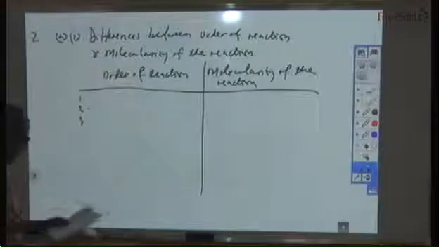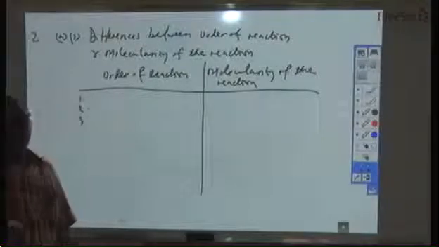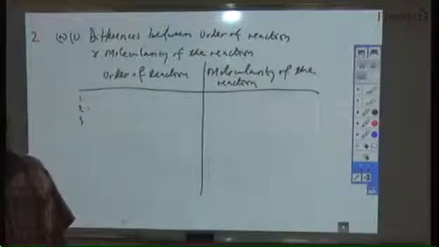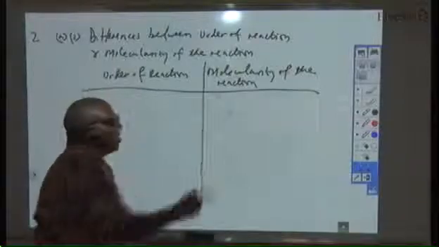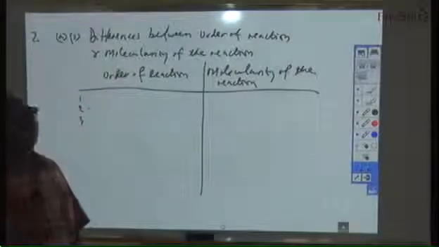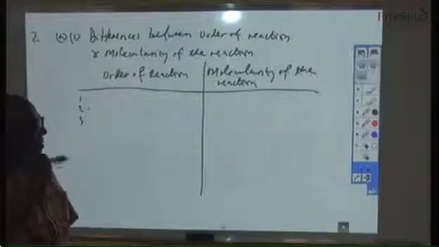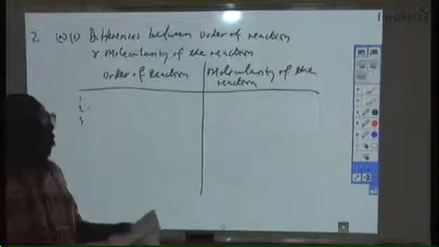The third difference, the order of reaction may have fractional values. You can have half order of reaction. But molecularity of the reaction must be whole numbers. Molecularity is always whole numbers.